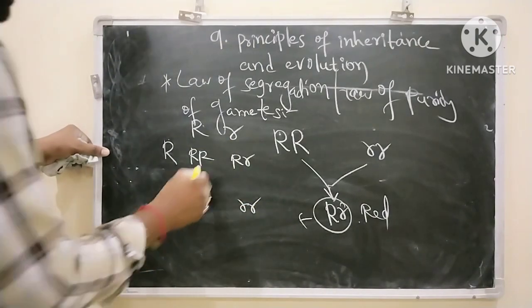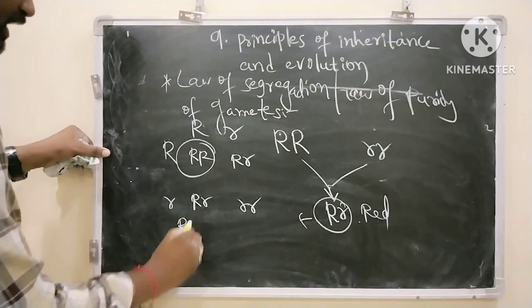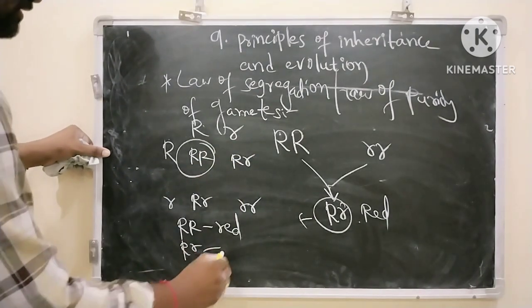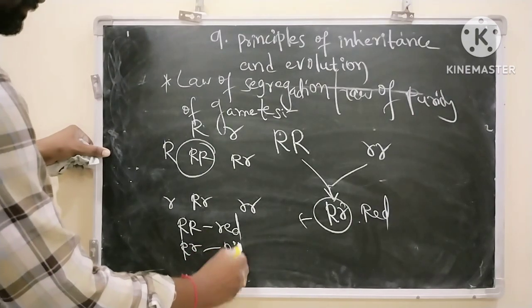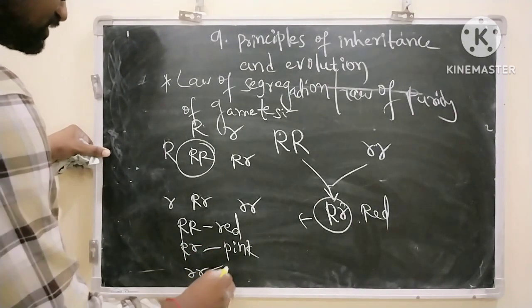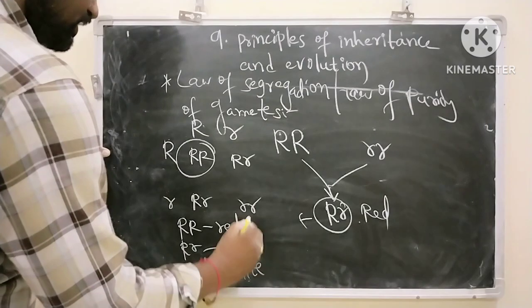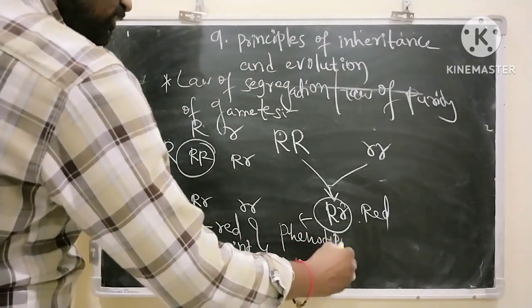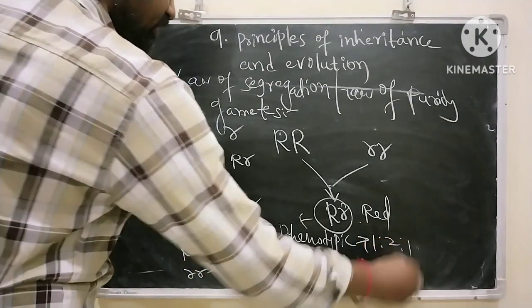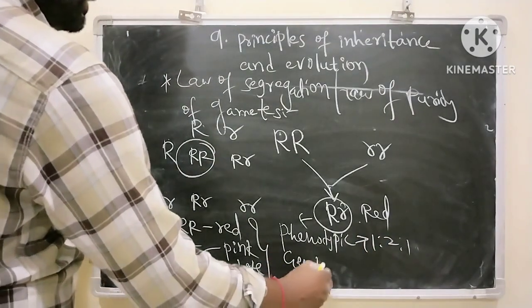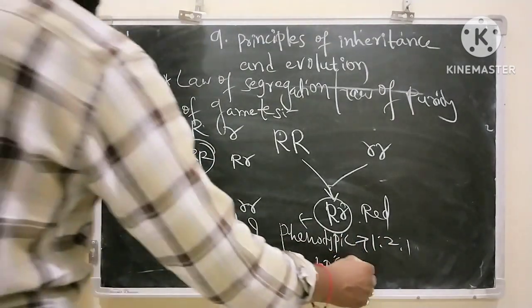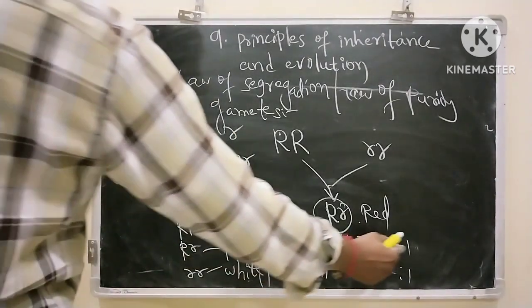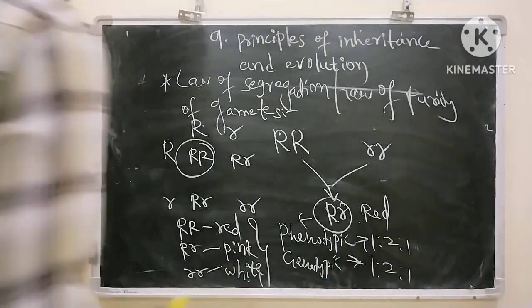Capital R is red, capital R small r is pink, and small r is white. So the phenotypic ratio is 1:2:1 and the genotypic ratio is also 1:2:1.